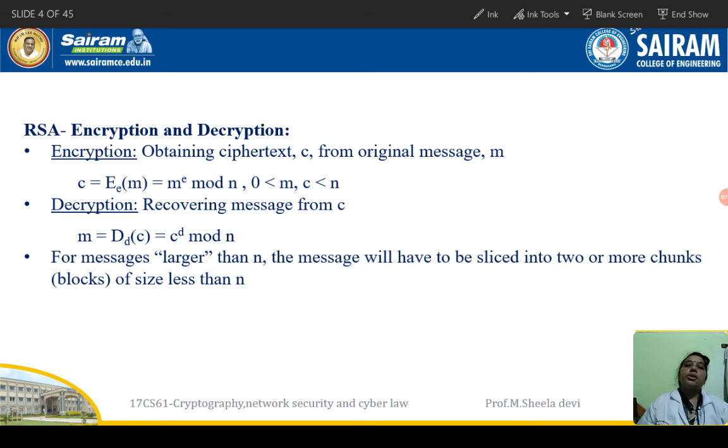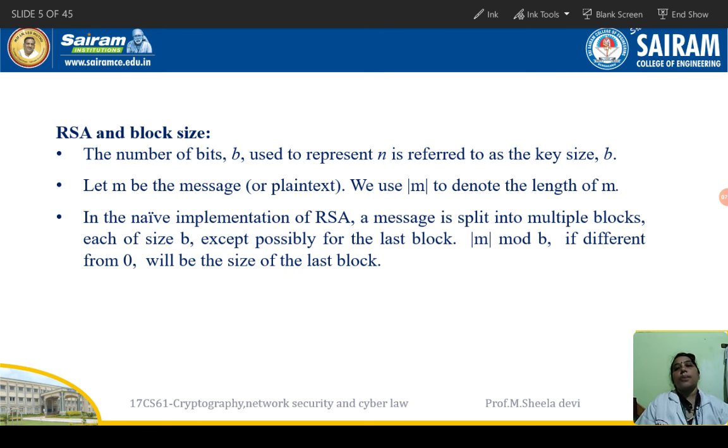Decryption is converting the ciphertext to plain text. So message is equal to c power d mod n, where c is the ciphertext, d is the private key of the receiver, and n is equal to p into q, which we calculated in the key generation part. So this is how RSA encryption works with these steps.